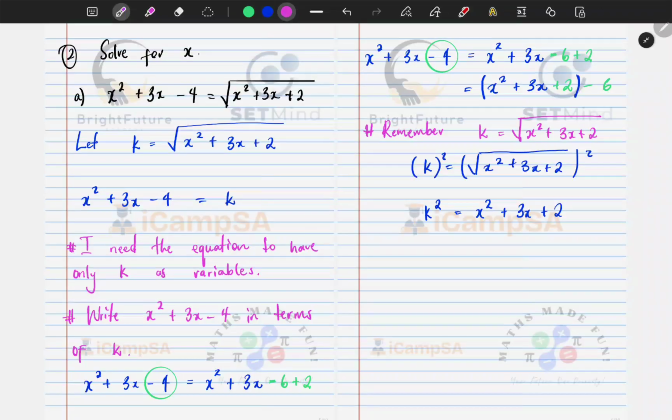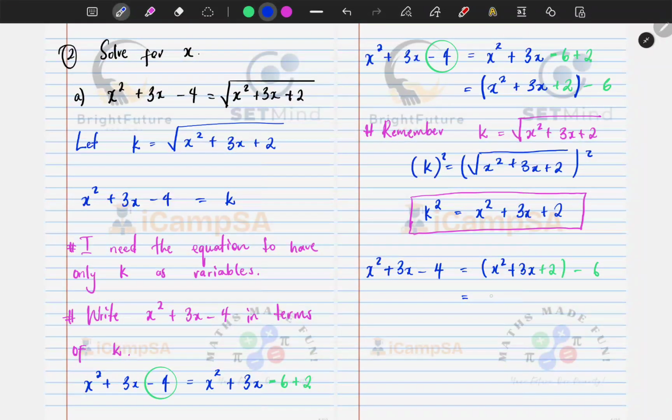Now I can work with this. I want you to notice that this entire expression I can equate to k squared. So eventually I'm going to have x squared plus 3x minus 4, which is equal to x squared plus 3x plus 2 minus 6.